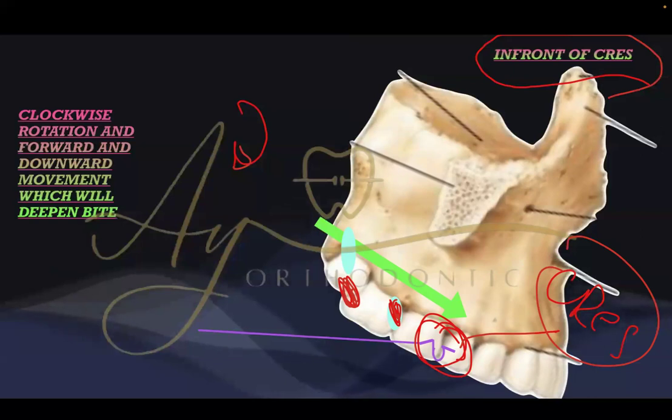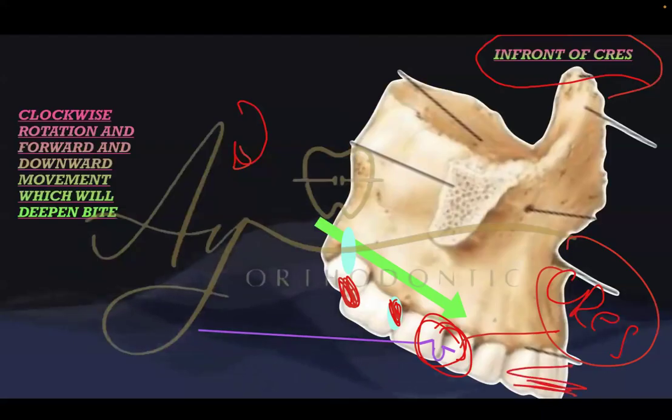I can place the hooks and the elastics in front of the center of resistance. It will help me to auto-rotate the maxilla more downward and forward in a clockwise rotation, and also move the maxilla more in front. The auto-rotation that happens in a clockwise rotation, as a dental effect, will deepen the bite. It will what? Deepen the bite. So does it work or doesn't it work, Rahim?